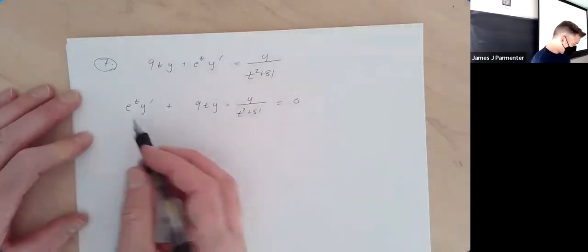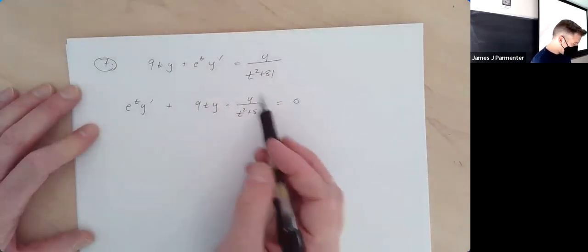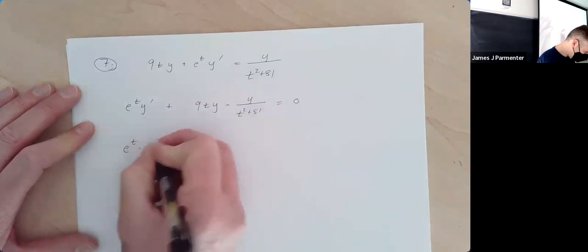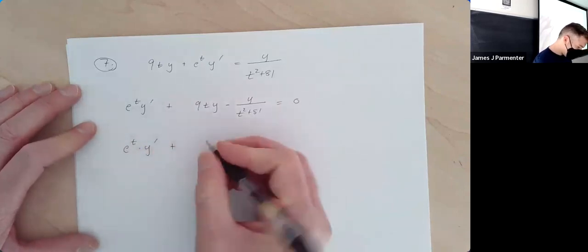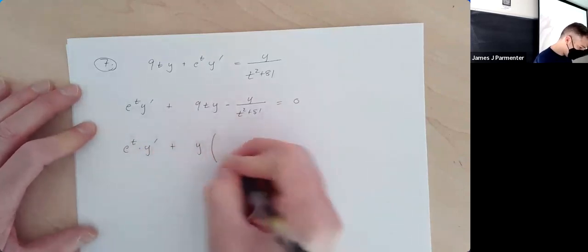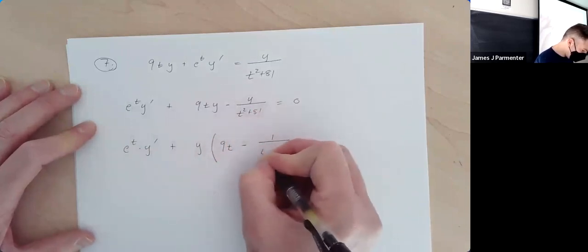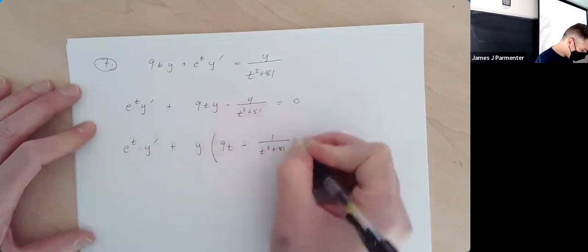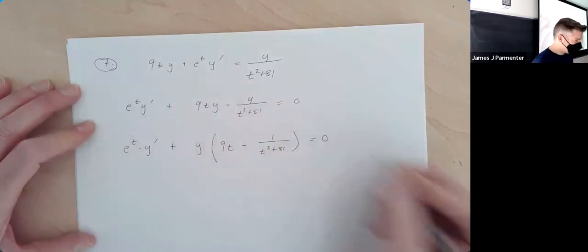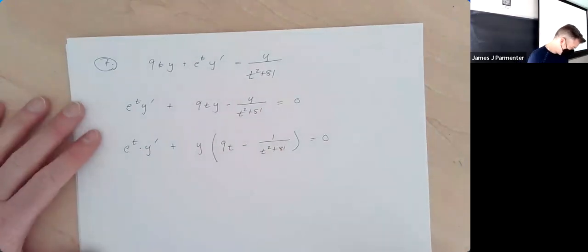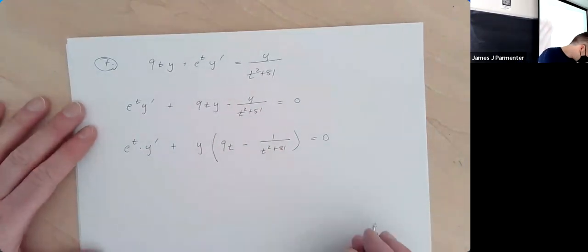So then we want to write this in the standard way. Let's first factor out the y from here. So we get e to the t times y prime plus y times something gross, 9t minus 1 over t squared plus 81, still equal to 0. And if we divide everything by e to the t, this seems weird.